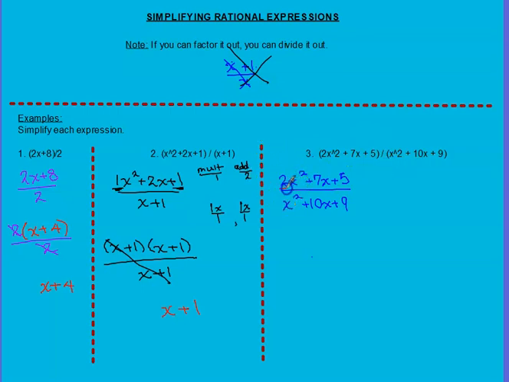So again, you multiply first times last if I'm going to factor the numerator first. First times last is 10. I need two numbers that multiply to be 10 and add up to be the middle number, which is b, or 7. If I list all the numbers that multiply to be 10, the only two that would add up to be 7 would be 2 and 5.